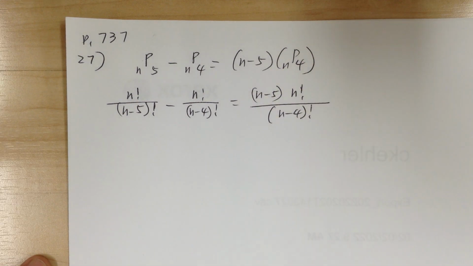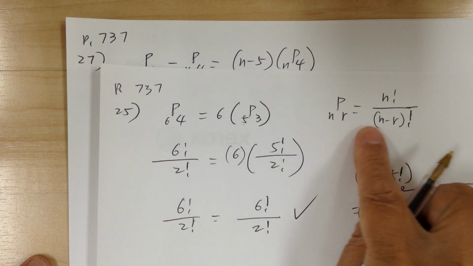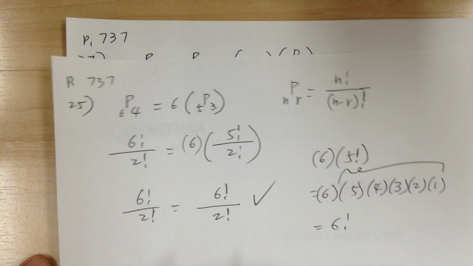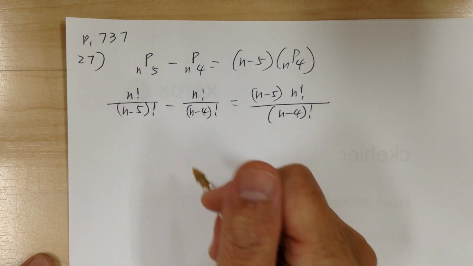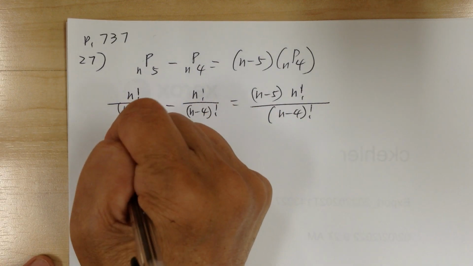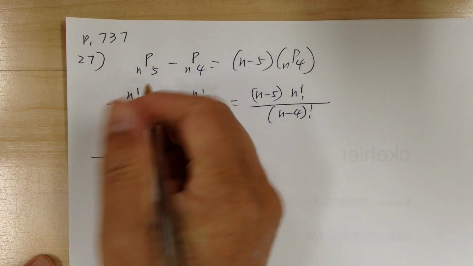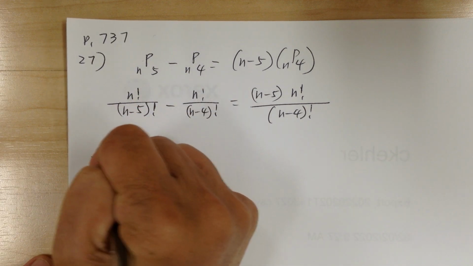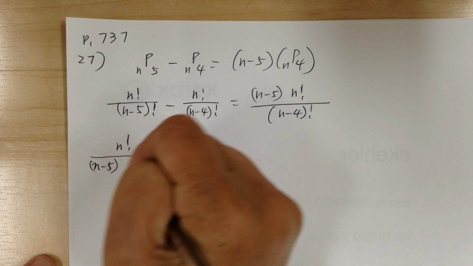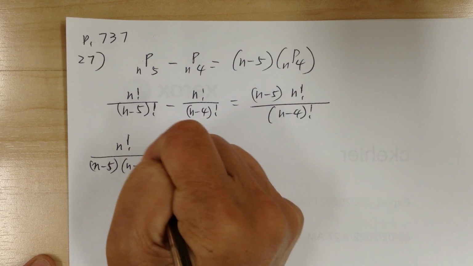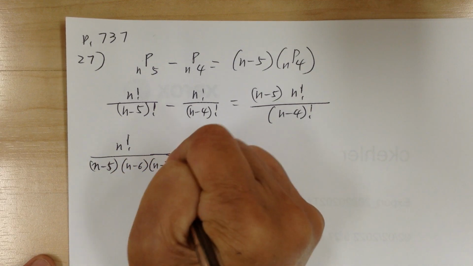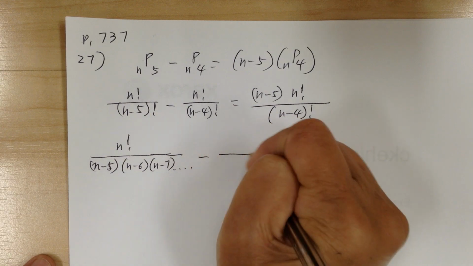So I'm just writing out a definition, right? Using this over here. That's your definition for permutations. Then I'm going to write out a few terms. So n factorial over n minus 5 factorial would be n minus 5, and you have to get one less, n minus 6, n minus 7, and so on.